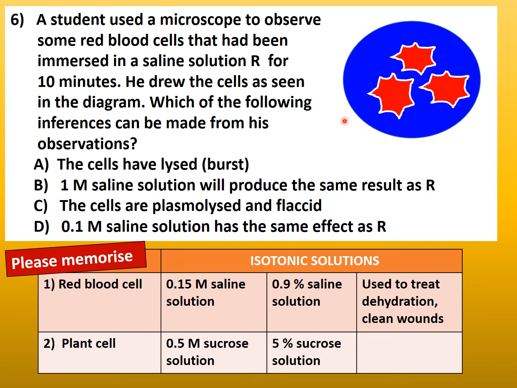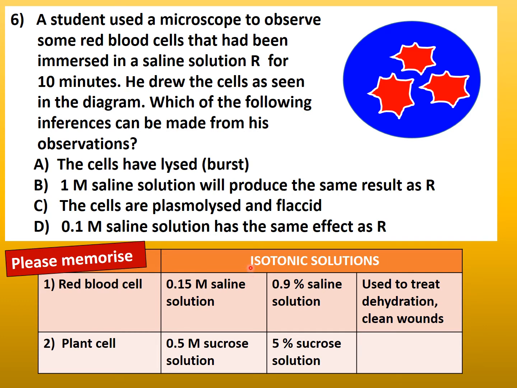So the solution outside must be hypertonic to the red blood cell. How do we find out the type of solution used? For example, here they say 1 M saline solution. You must know the isotonic solution first, the one that is isotonic to the red blood cell. What is the concentration of the saline solution that is isotonic to red blood cell?